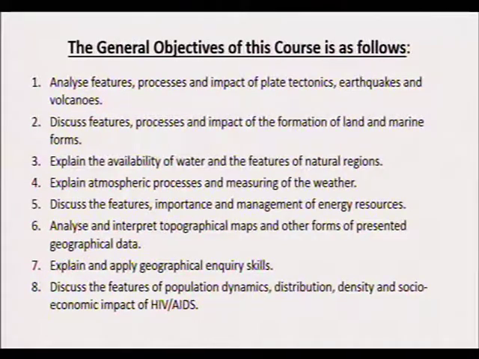Then at objective number 6, you need to analyze and interpret topographical maps and other forms of presented geographical data. Now it is very important when you are looking at the interpretation of the topographical maps, because mostly learners, if they do not grasp it or understand it from the beginning, it is very difficult for them to be able to read such maps.